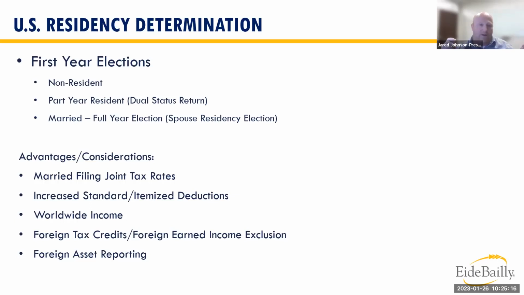you might have certain things that happen. Like if you sell a personal residence in the UK before moving to the US, and you make a full year election in that calendar year, the UK doesn't tax it.